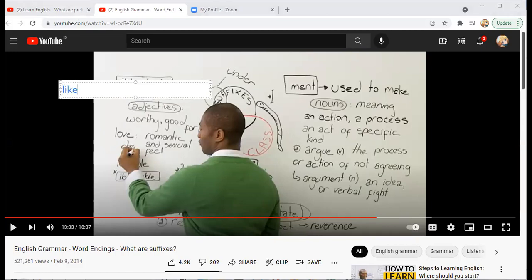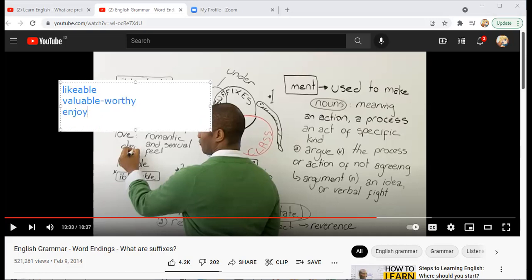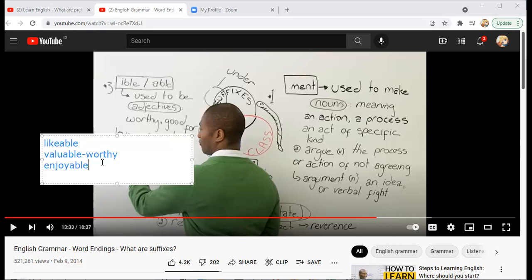Example is likeable, then valuable, worthy ya, worthy, enjoyable, itu menyenangkan ya. Right, good for.